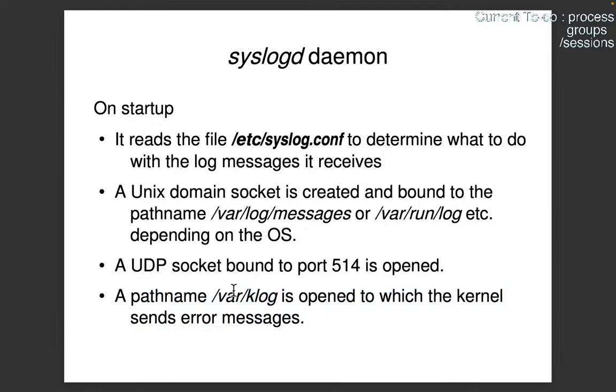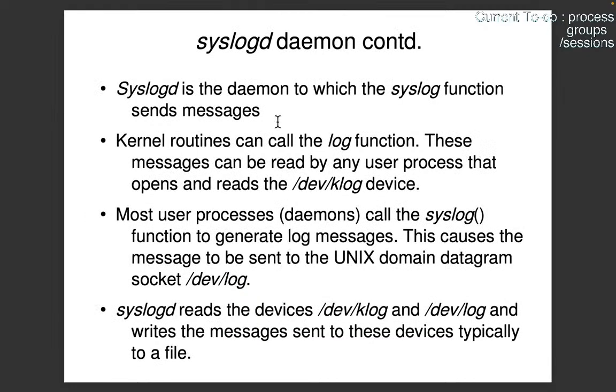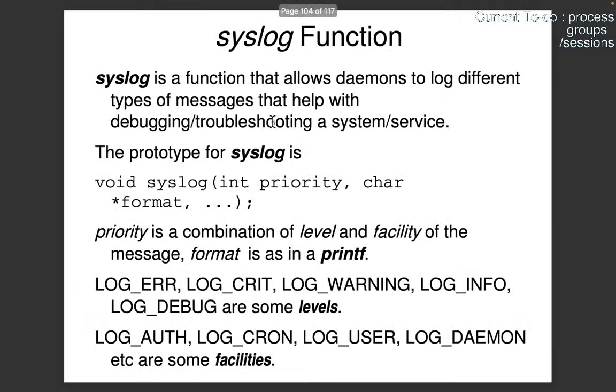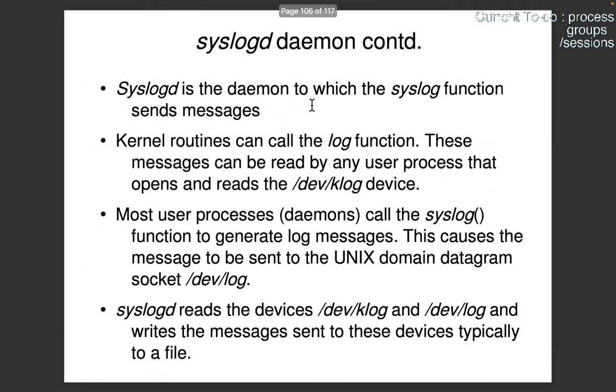A UDP socket bound to port 514 is also open. This is the daemon to which the syslog function sends messages. The syslog function in turn sends messages to syslogd. Kernel routines can call the log function.